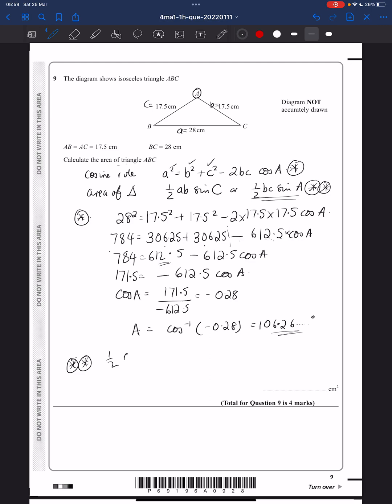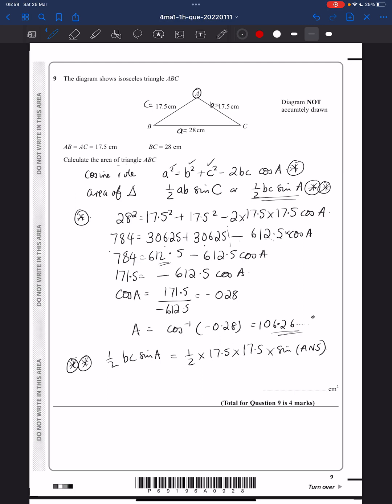Area of the triangle, half AB, no, half BC, sine A. So it's a half times 17.5 times 17.5 times sine. And I'm going to leave the answer on the calculator, so I'm going to use my answer button. Okay, so 0.5 times 17.5 times 17.5 times sine of answer.